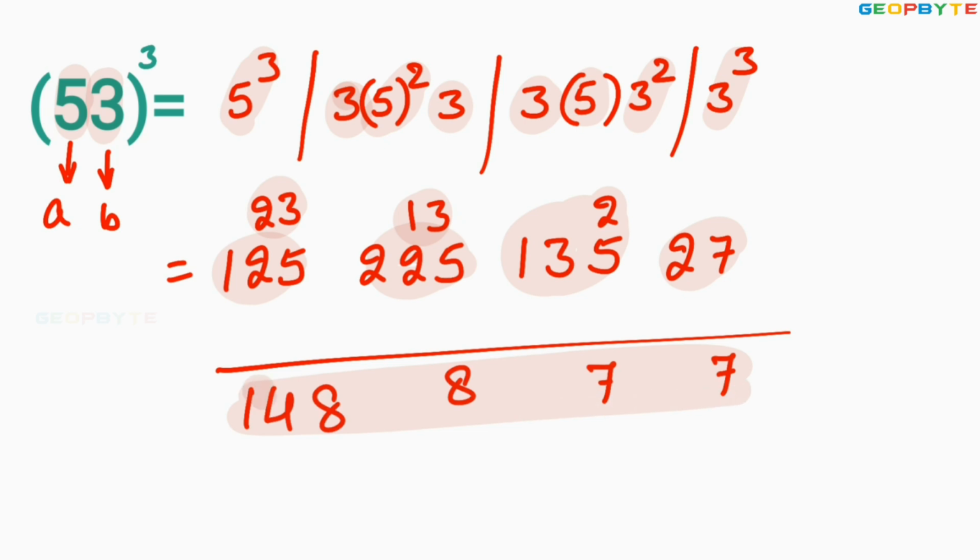So 148,877 is the value of 53 whole cube. I hope all of you clearly understood how to find the cubes of any two-digit number.